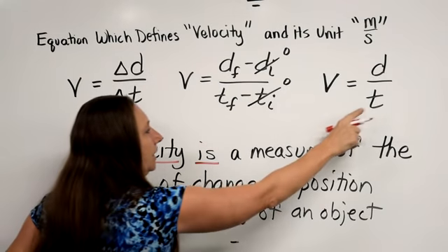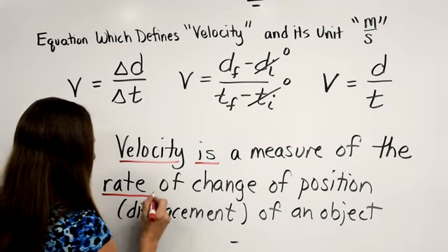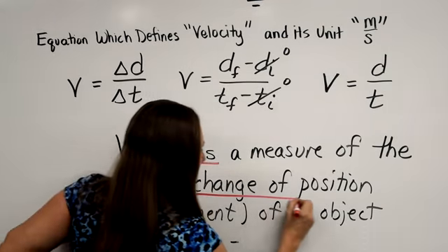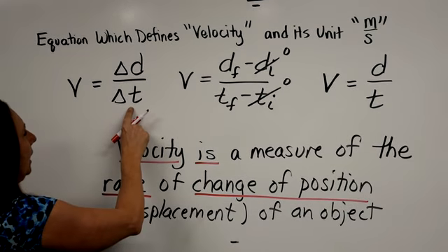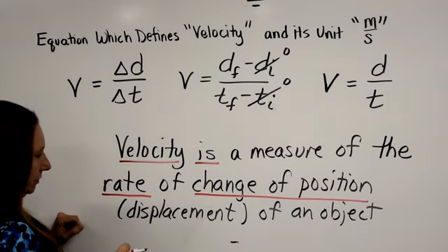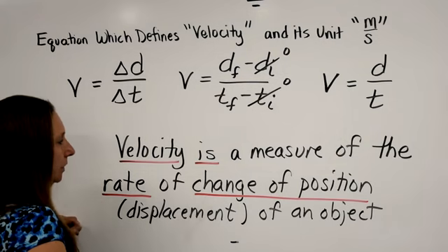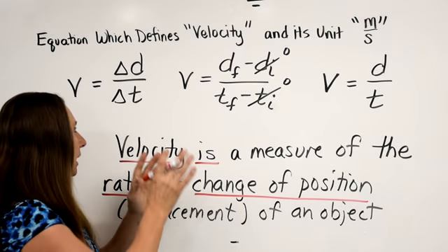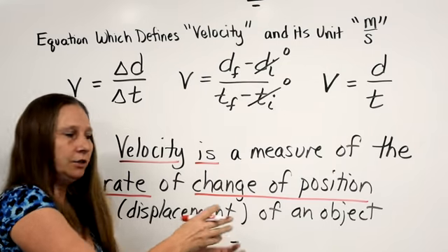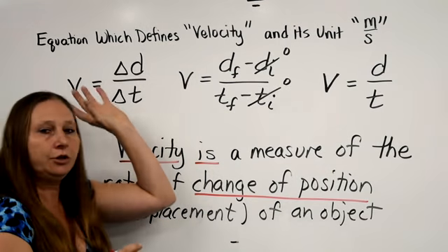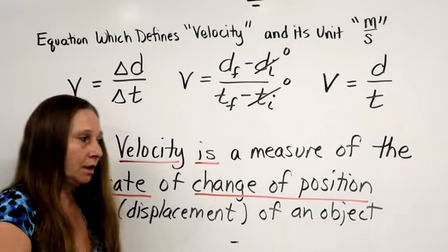Rate means you're dividing by time. Change of position is your change of position on top here. So you're dividing by time and it's a change in position of an object. So you can take the equation, turn it into an English sentence, and you can take this English sentence and turn it back into an equation.